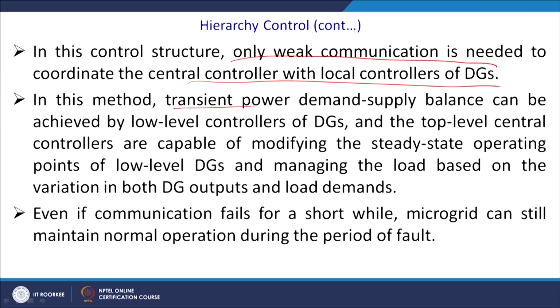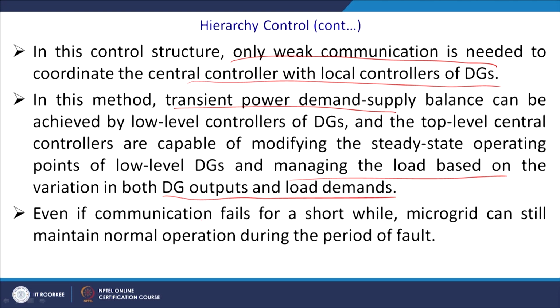In this method, transient power demand supply balance can be achieved by the two level controllers. These are distributed generations, and the top level central controller is capable of modifying the steady state operating point of the distributed generations and managing the load based on the variations in both distributed generation output and the load demand.